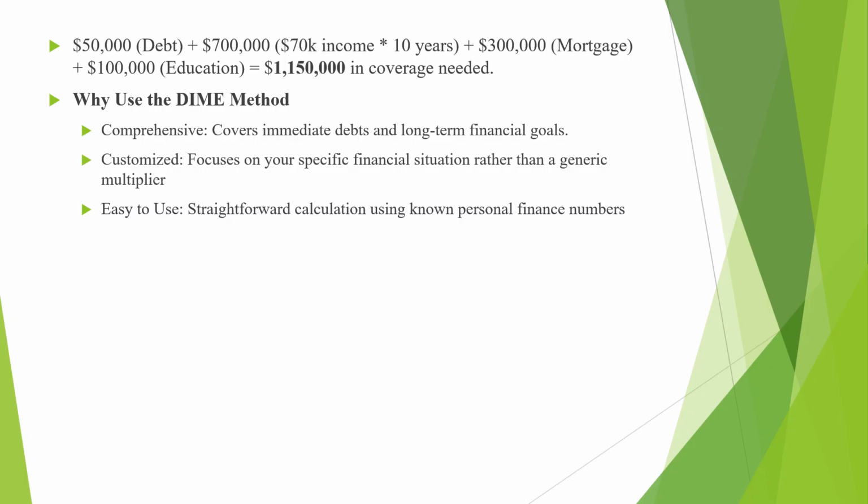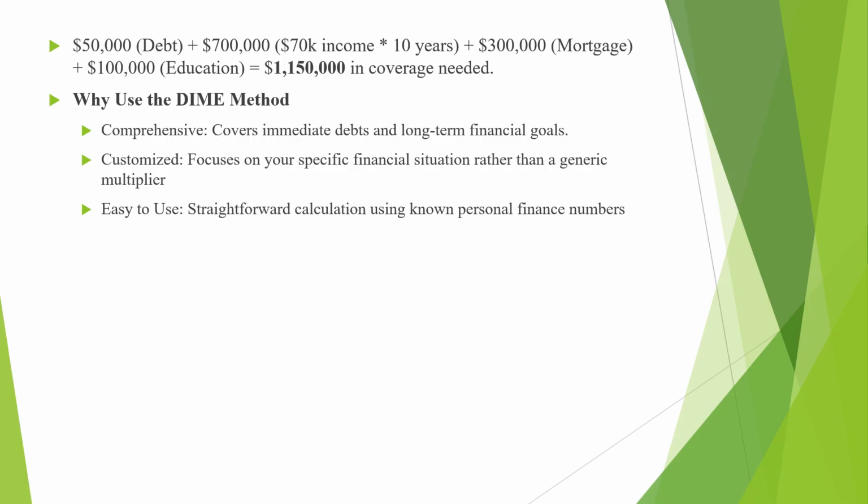It is totally based on your debt, income, mortgage and education. Based on that, you choose your coverage amount and then go with the insurance. It's easy to use, a straightforward calculation using known personal financial numbers.